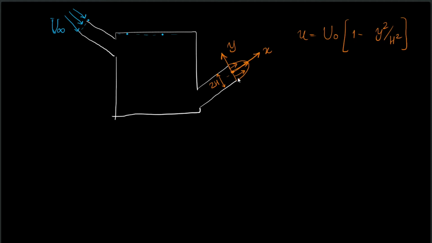That is, it goes from minus h to plus h. So now the question is, what is the relationship between u naught and u infinity? It is given that this is also equal to 2h. Okay, so the Reynolds transport theorem can be applied to a control volume as shown. This green line is the control volume.